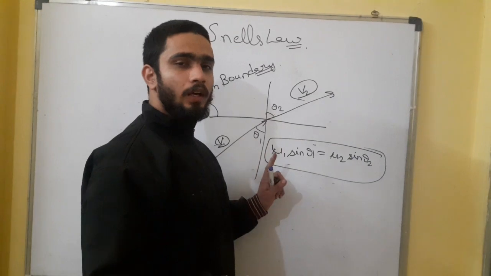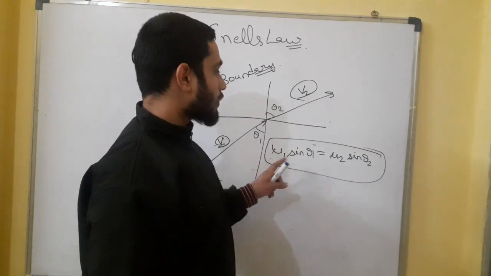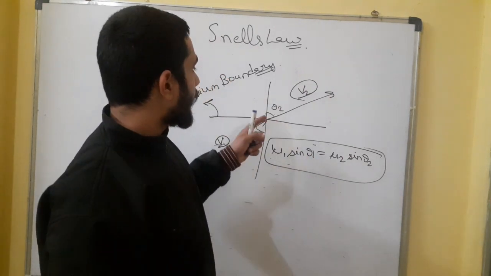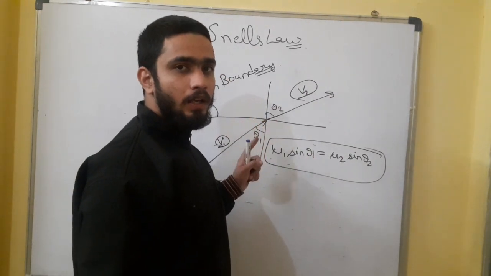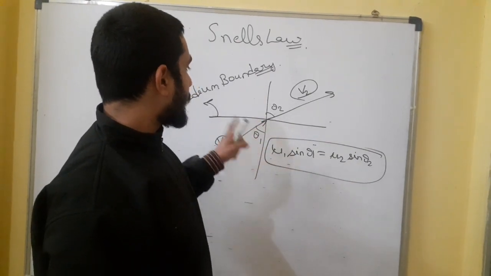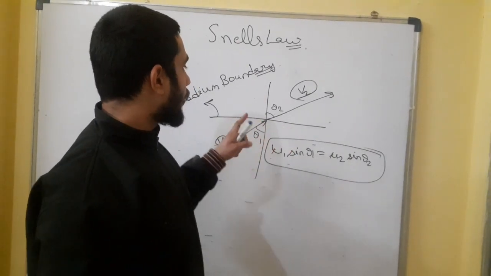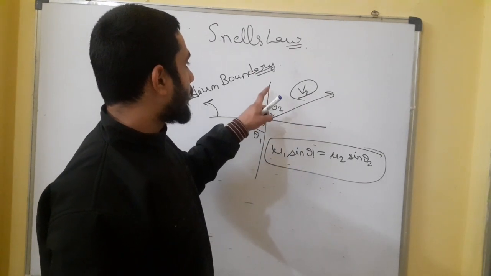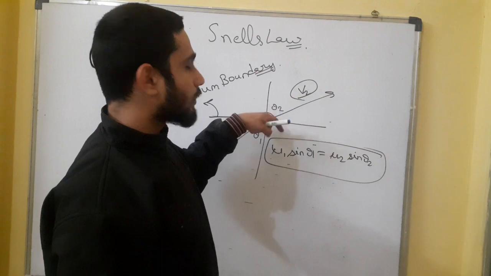So mu1 is the refractive index of the first medium, mu2 is the refractive index of the second medium, theta 1 is the angle made by the incident ray with the perpendicular to the boundary of the two mediums, and theta 2 is the angle made by the second ray.